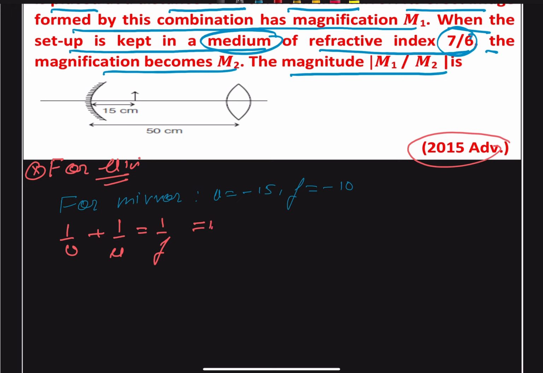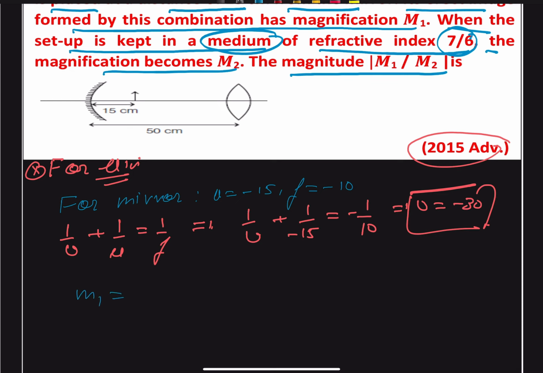We substitute, we get this as 1 upon v plus 1 upon minus of 15 is equal to minus 1 upon 10, and this gives us that our v is equal to minus of 30, and we can find out here m1 will be equal to minus v upon u, so it comes minus of minus of 30 upon minus of 15, this gives us minus of 2, and it means the first image is formed at 30 centimeter from the mirror.